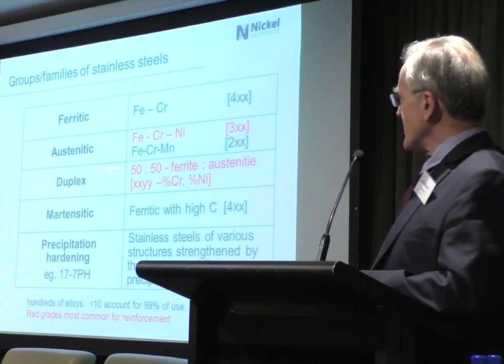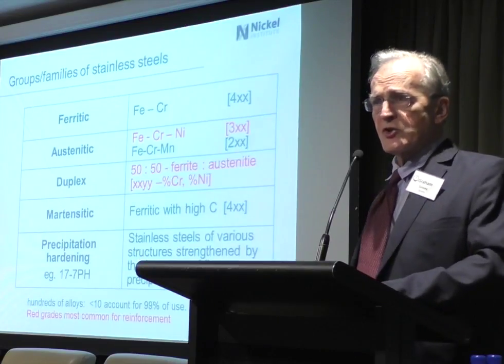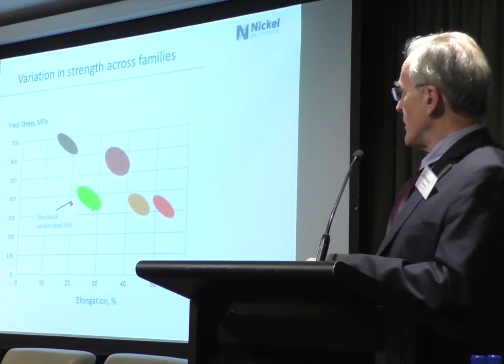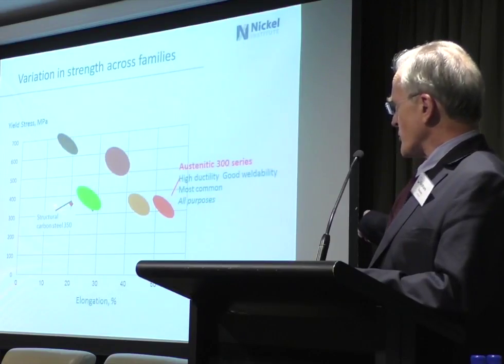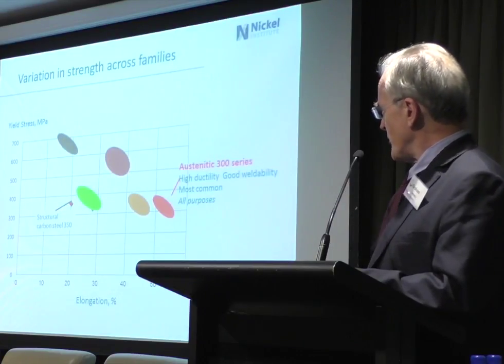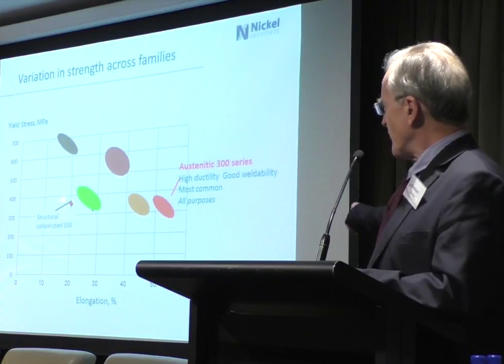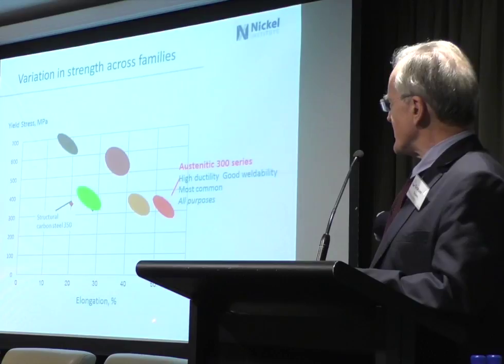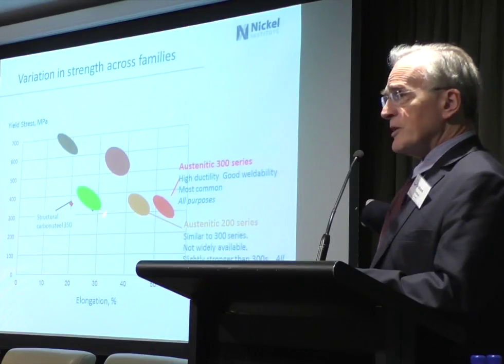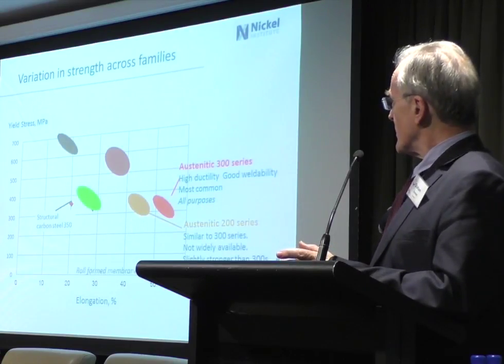And the duplexes have made a big run because they're strong. And this is just showing that. Here we've got structural stainless steel. We're looking at strength versus elongation, 20% or so, 50%, 55%. These things, they're quite nice.